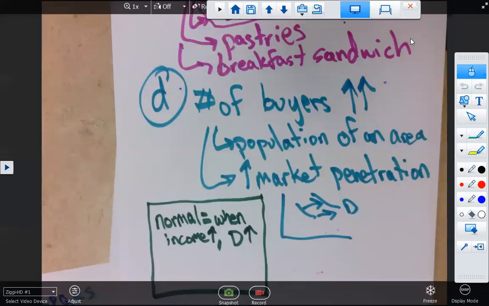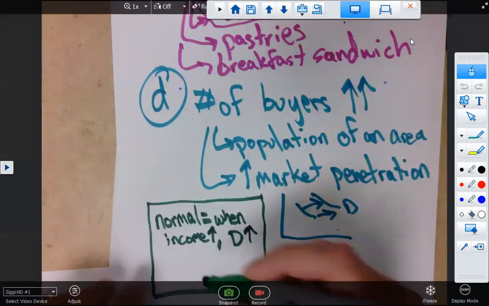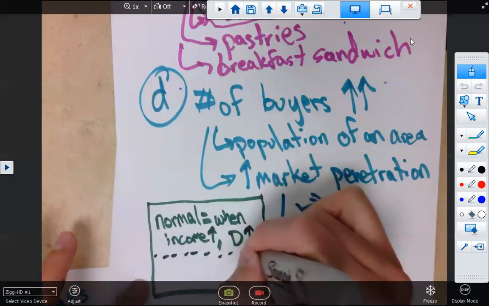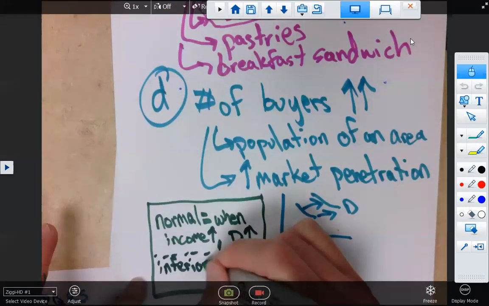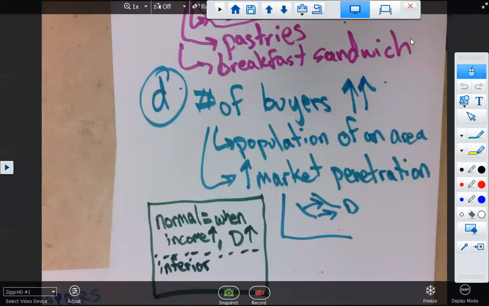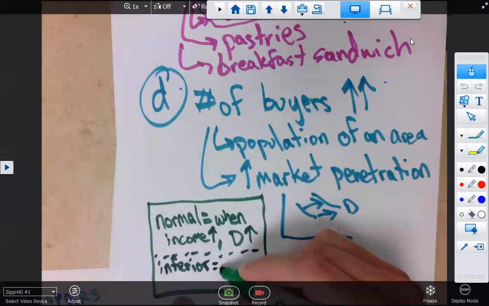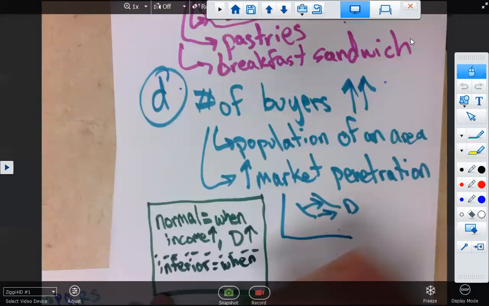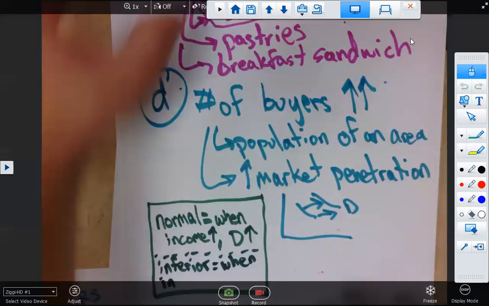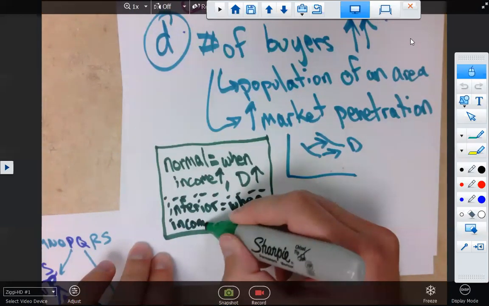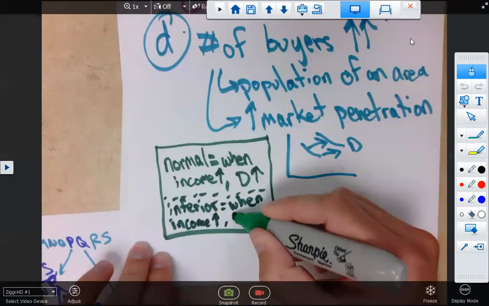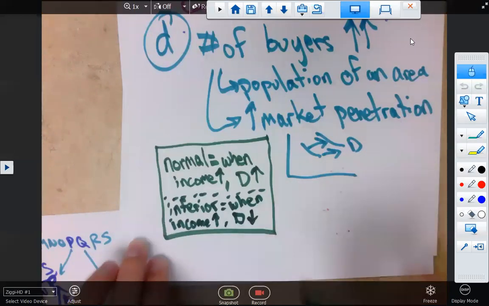But there are other types of goods out there. There's not just normal goods. So the other type of good is an inferior good. Now, this isn't that the inferior good is of worse quality or something like that. It's the fact that when my income increases, my demand goes down for an inferior good.